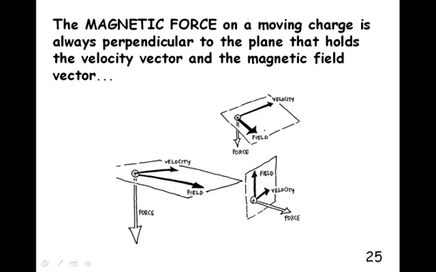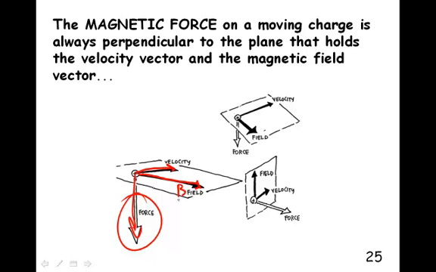You can also think of it as if velocity is in one direction and the magnetic field is in another direction, those two vectors always form a plane. They will define a plane, and the force will be perpendicular to the plane that is defined by the velocity and the magnetic field.